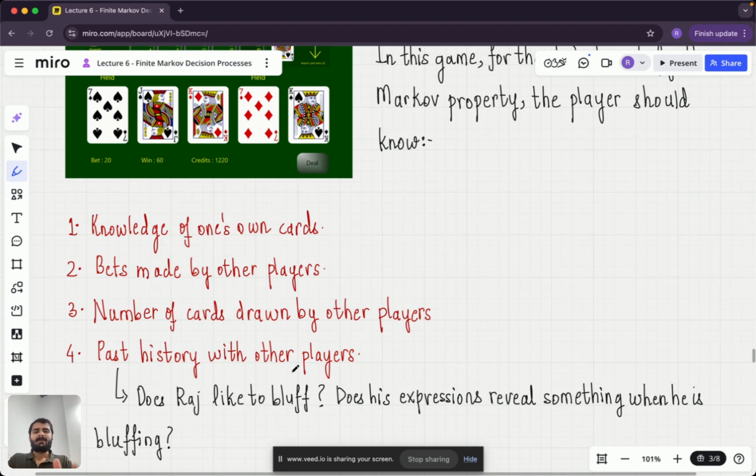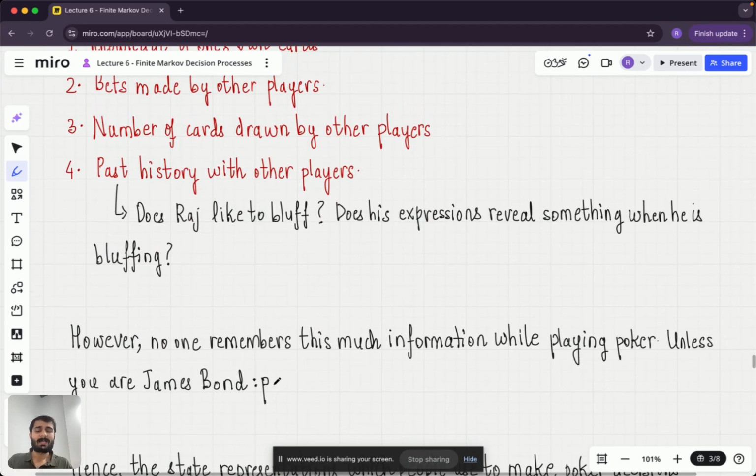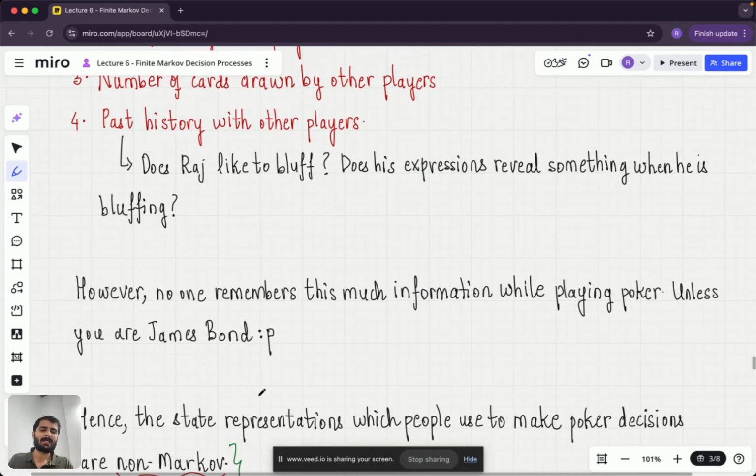Now, if I have all this information, then this is the relevant information that I need to play my next move. But in a game of poker, no one remembers this much information unless you are James Bond in a Casino Royale movie. In a real setting, maybe we remember 10% of this total information before we play our next move.